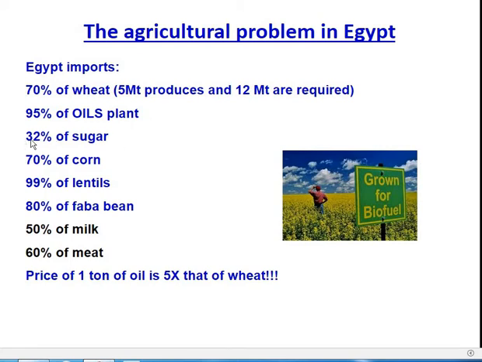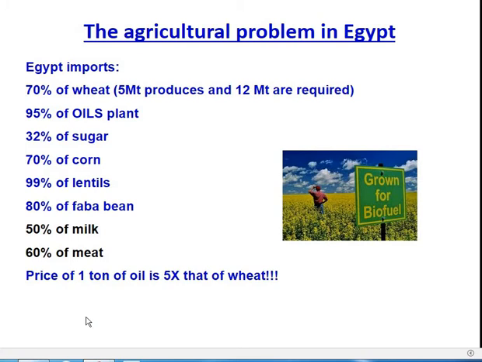We also import 32% of sugar, 70% of corn, 99% of lentils, 80% of faba bean, 50% of milk and 60% of meat. So that is the agricultural problem.